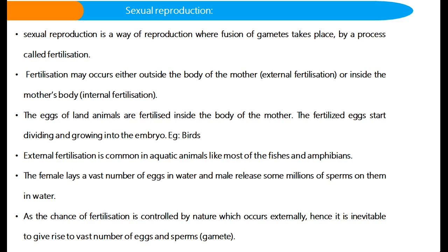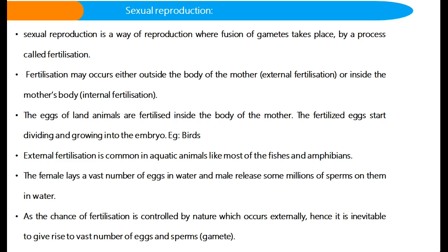External fertilization is common in aquatic animals like fishes and amphibians, where the female lays a vast number of eggs in water and the male releases millions of sperms on them in water.